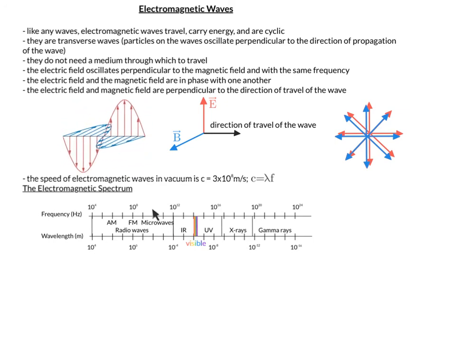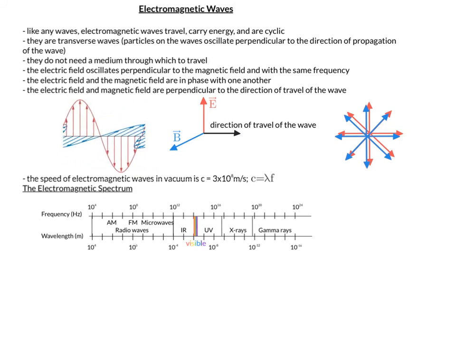In this range, we have what we call radio waves. And those are subdivided into AM, that stands for amplitude modulation, FM, which stands for frequency modulation, and then at a higher frequency are microwaves.